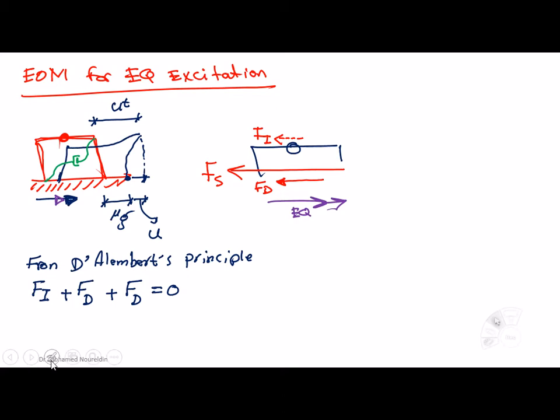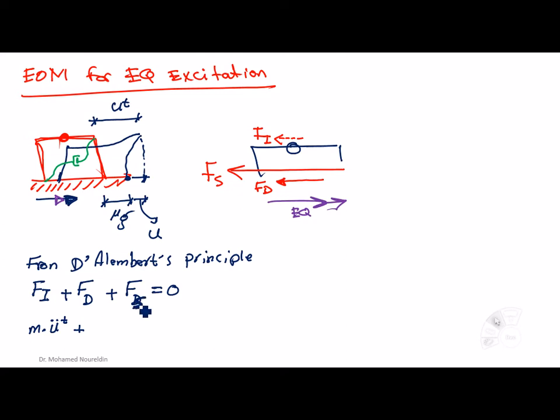We know well that for F inertia, we are talking about m times u double dot total. In the inertia force, we are concerned with the total displacement of the system. Okay? So m u double dot t plus Fd, and sorry, I think it should be Fs here.